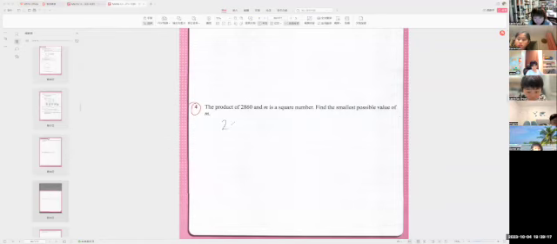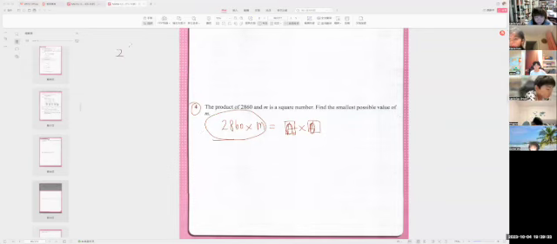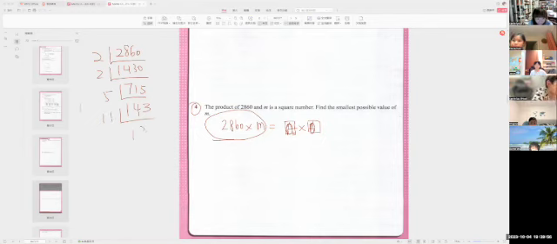For this one, I know it's 2860 times a number equals a square number, correct, everybody? So it equals a number times itself. You need to make the left side of the equation a number squared. So 2860 divided by 2 is 1430, divided by 2 again is 715, and divided by 5 is 143, and divided by 11 is 13.